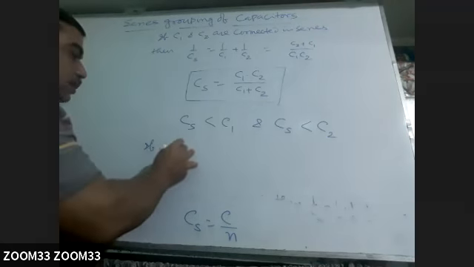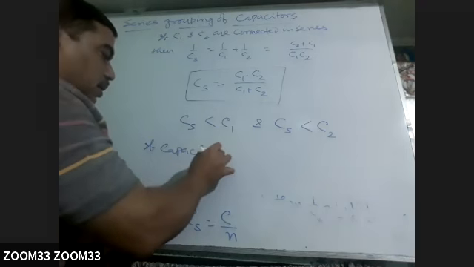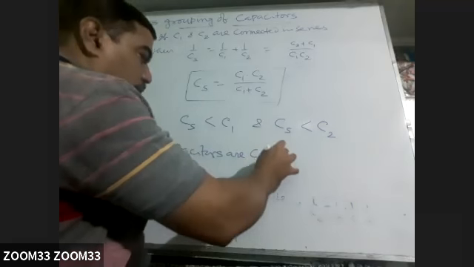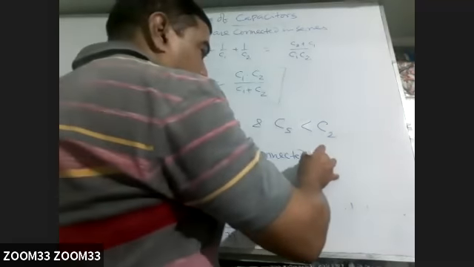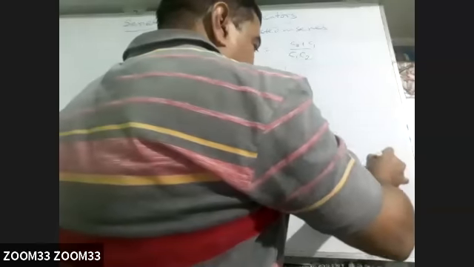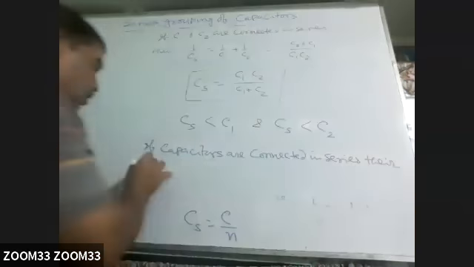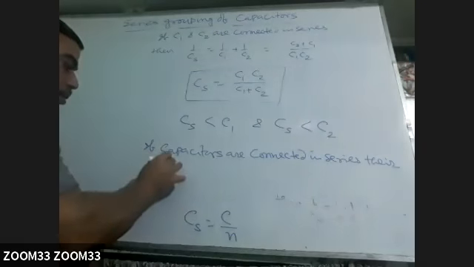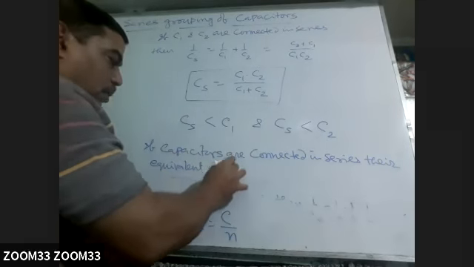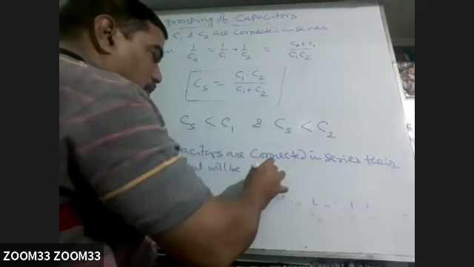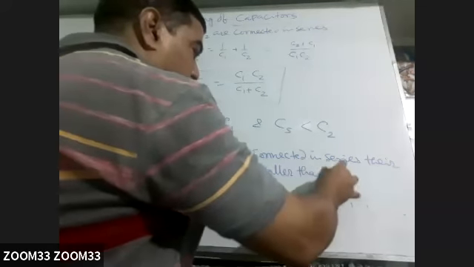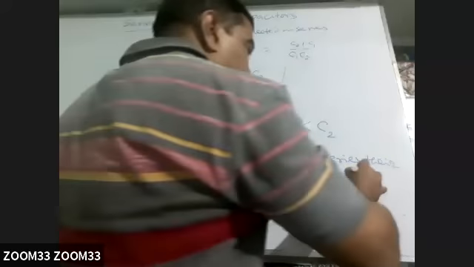So if capacitors are connected in series, their equivalent will be smaller than the smallest among the group.